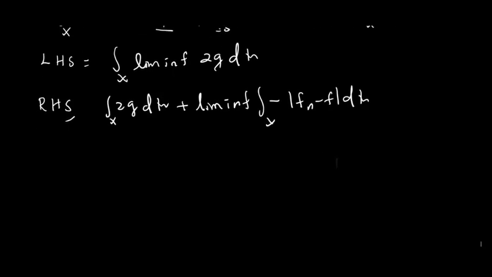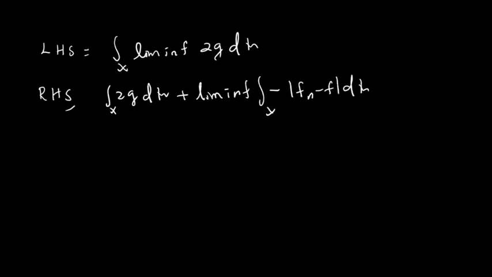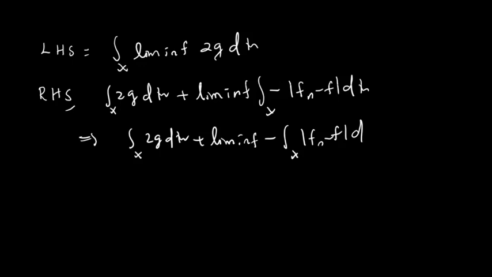We can take the minus outside the integral, so this implies the integral over X of 2g dμ plus lim inf of minus the integral over X of |f_n minus f| dμ.